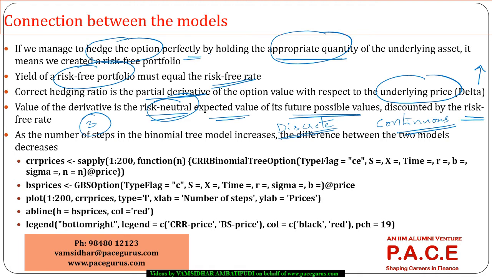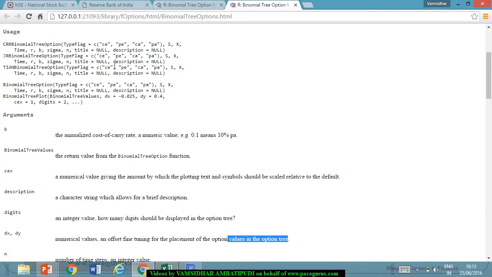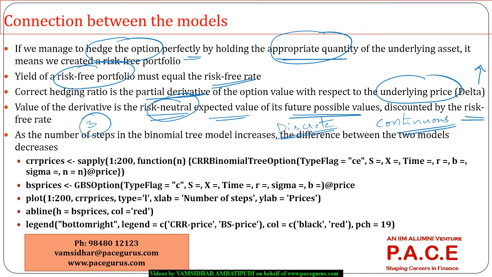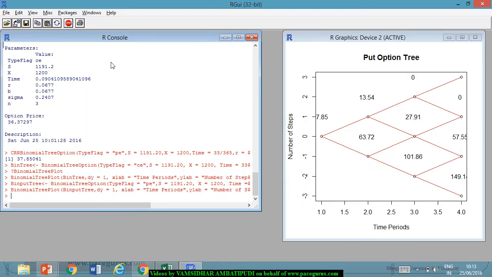Right, first let's try creating one function, and then we'll try to see, right, how the binomial tree and the Black-Scholes differ for different values. So let me try first creating one function. So let me take one function.